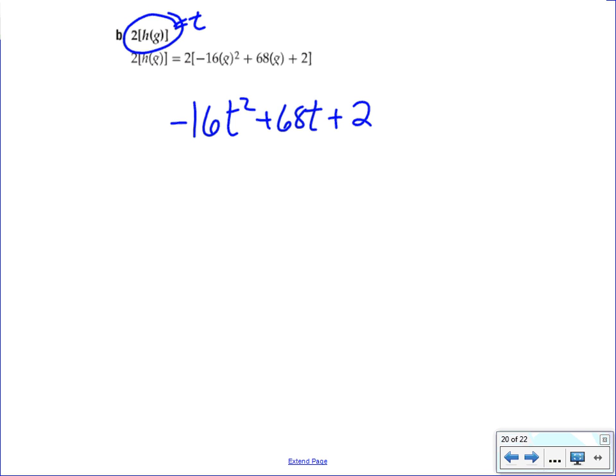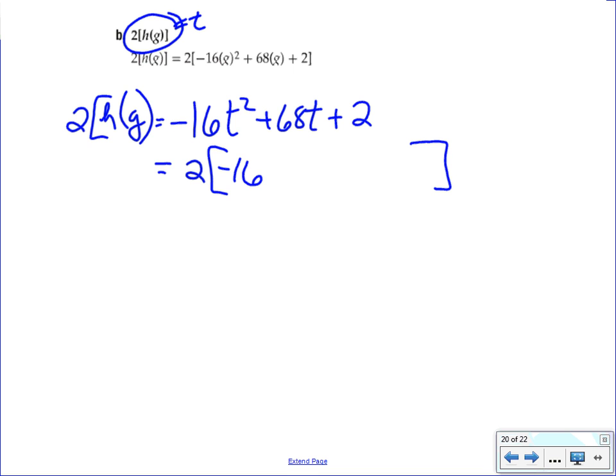So 2 times h of g is going to insert into here. So we're going to do 2 times this whole bracket: negative 16 times, what are we substituting in for our t?